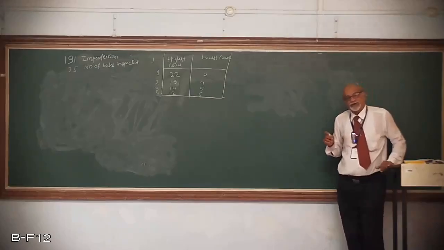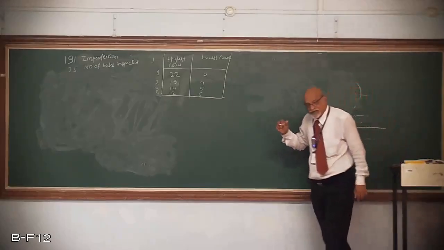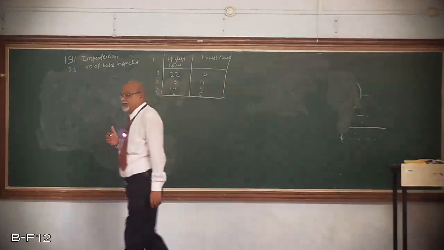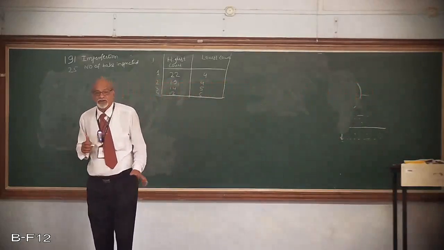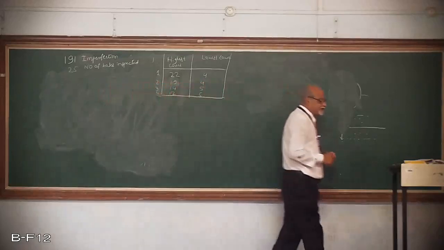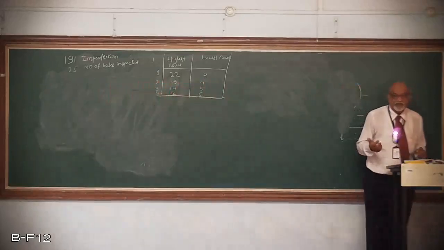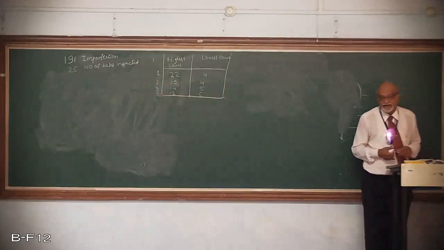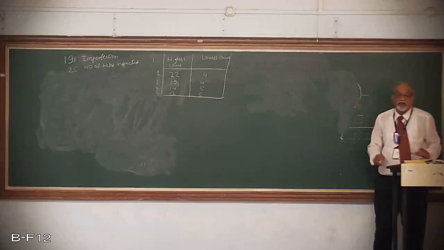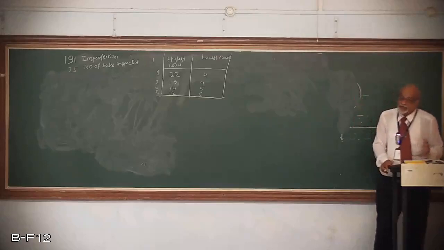And one more question we need to ask ourselves at the same time: why has he given information about the bale? Because a bale of cloth, or sometimes they say a bolt of cloth, B-O-L-T, means the same.